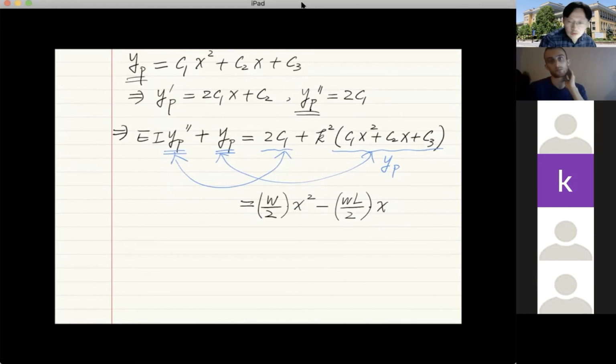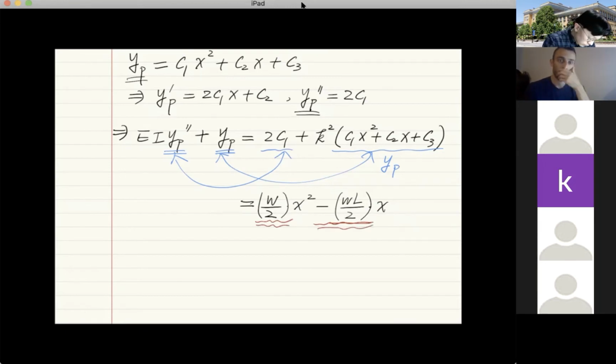In other words, to find the values of C1, C2, C3, it's just to compare the terms on the right-hand side of this equation. When you expand all these coefficients, you put all the coefficients related to x squared and make them equal to W over 2, because the coefficient associated with x squared is just W over 2, and the coefficient associated with x is negative WL over 2. We use these coefficients to find the values of C1 and C2.